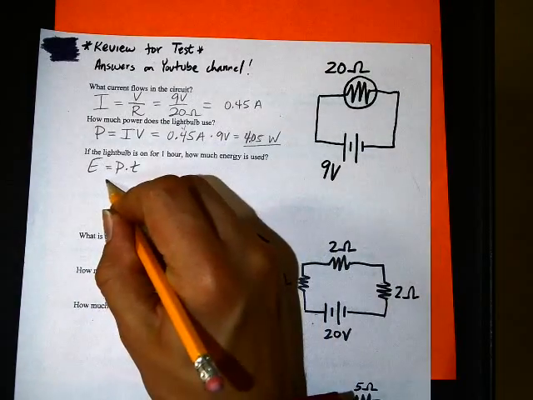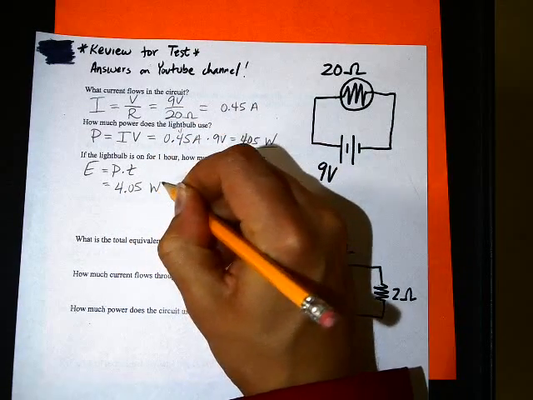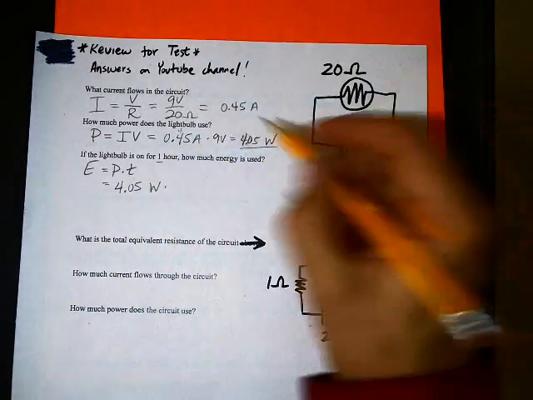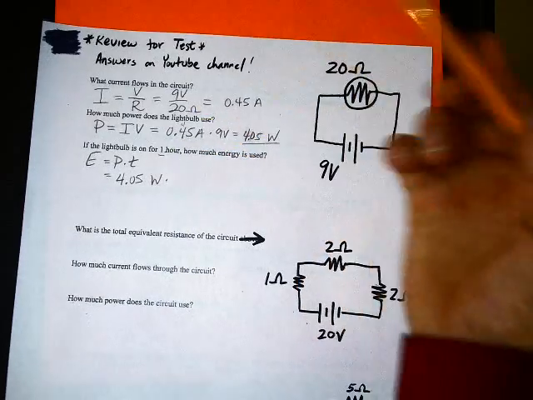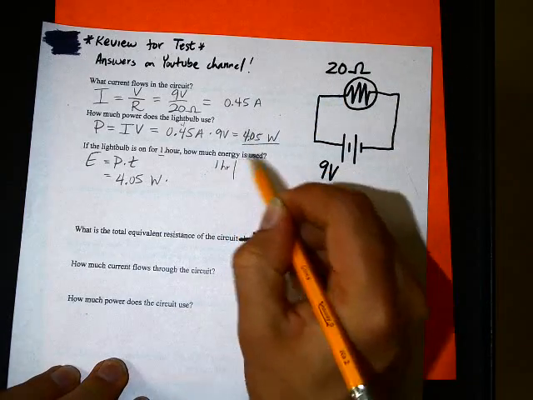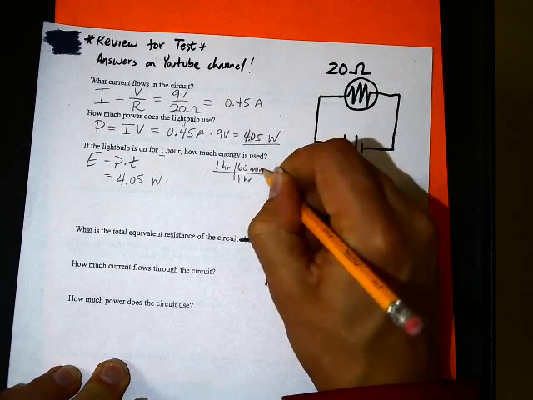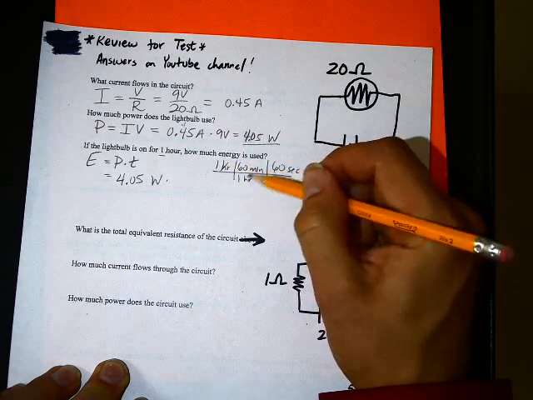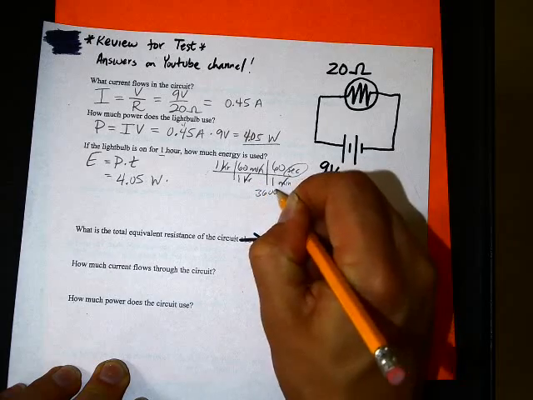So in this case, our power is 4.05 watts, and our time is 1 hour, so we need that in seconds. A watt is a joule per second, so this time actually needs to be in seconds. We can do a little dimensional analysis. 1 hour is 60 minutes, and 1 minute is 60 seconds, so we get, cancel, 60 times 60 is 3,600 seconds.